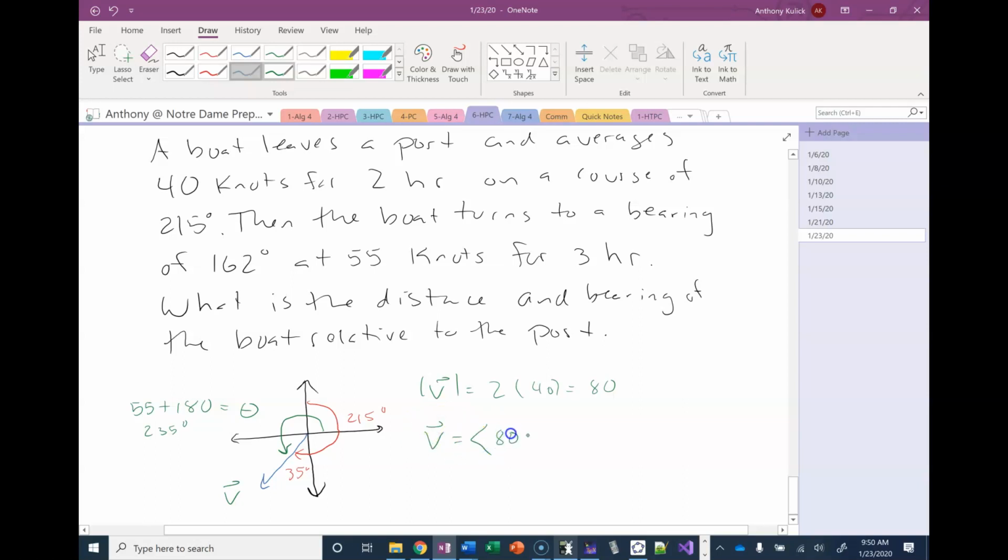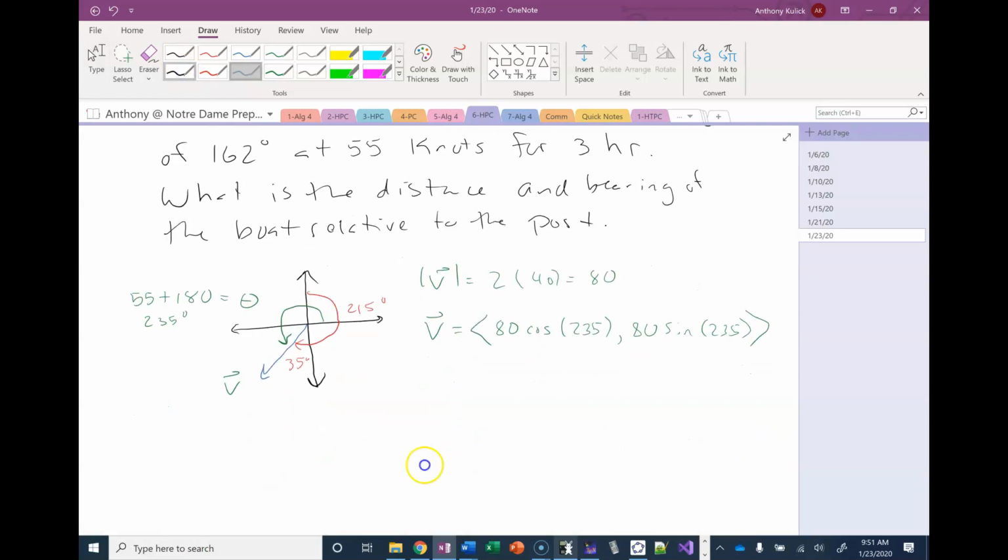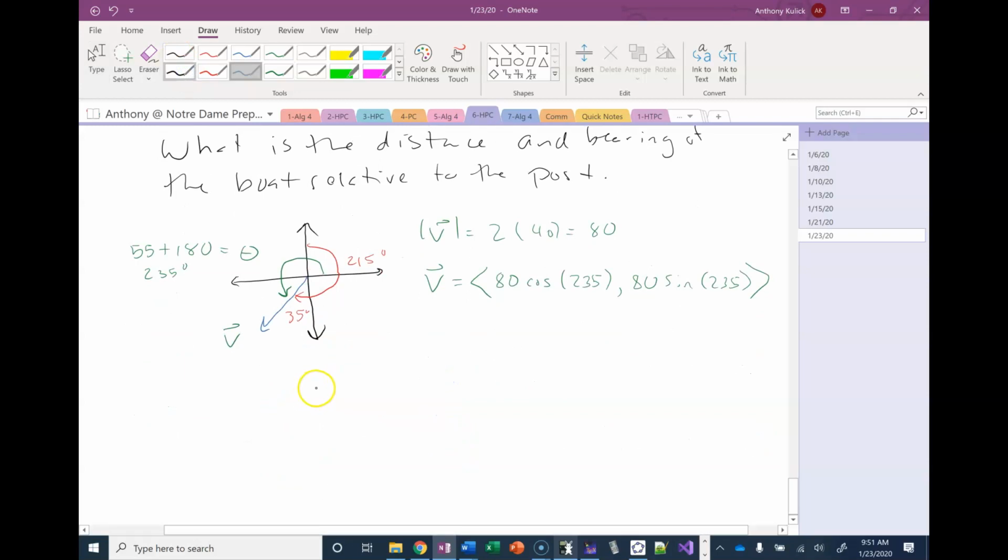So we're just going to do 80 times cosine of 235 and 80 sine 235. And that's going to describe our vector v. Now you could right now take that and turn it into a decimal if you wanted to. I'm not going to do that right now. But if you wanted to, you could use your calculator and turn that into a decimal.